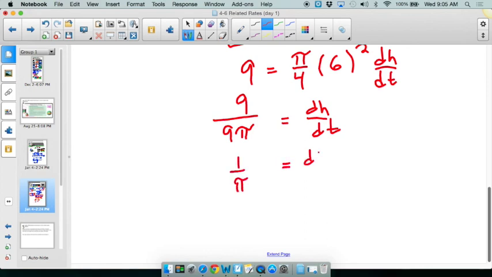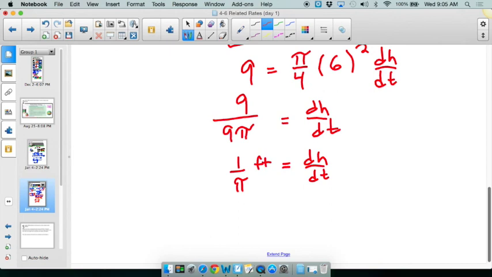What are the units? Let's look at this, because they will literally give you points for correct units, almost like a physics exam. For these types of problems, what's h measured in? Feet.